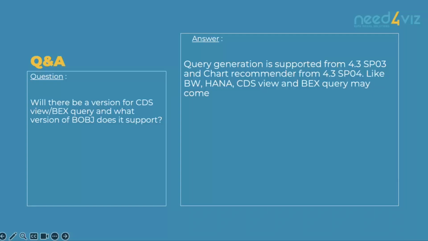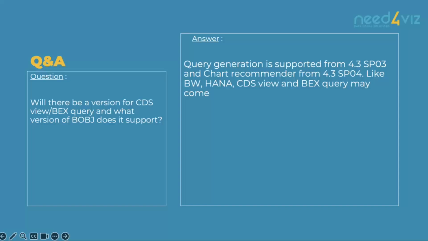So that includes BI 2025. We're already ready for that. And the chart recommender is from 4.3 SP4 and higher. Of course, SAP has recently released 4.3 SP5. That's going to be the last service pack for the 4.3 code line.